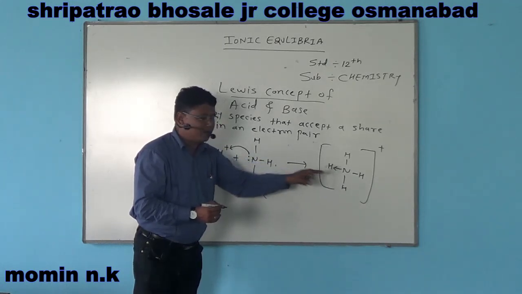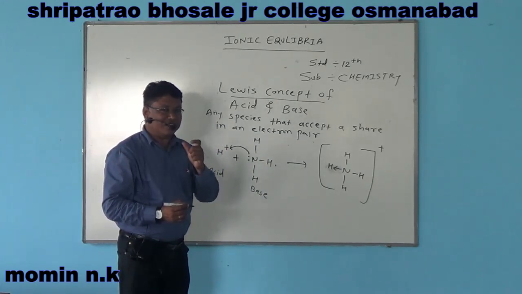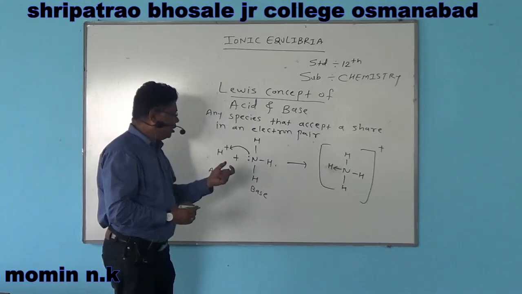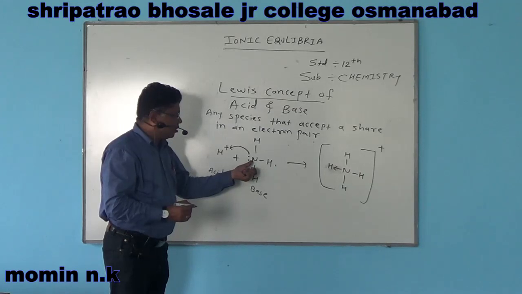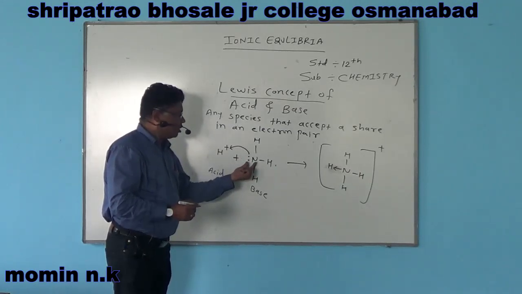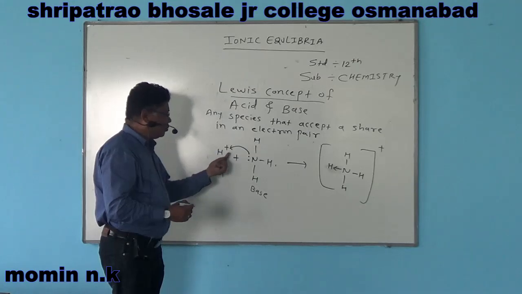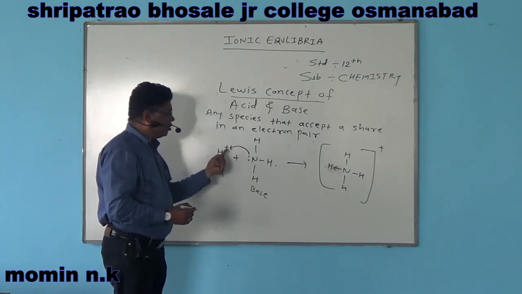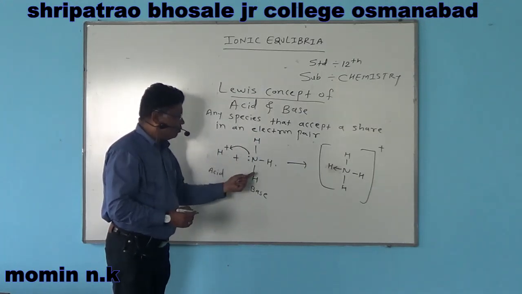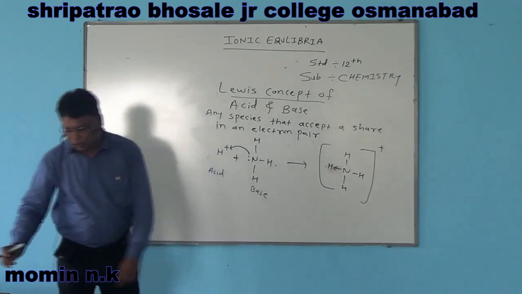Already you know what a covalent bond is. The bond which is formed by sharing of electrons is called a covalent bond. But here both the electrons are used by one of the atoms, that is, both electrons are of the nitrogen present in ammonia. So why is H plus called acid? The species that accepts a share in an electron pair is called acid. And why is NH3 called base?